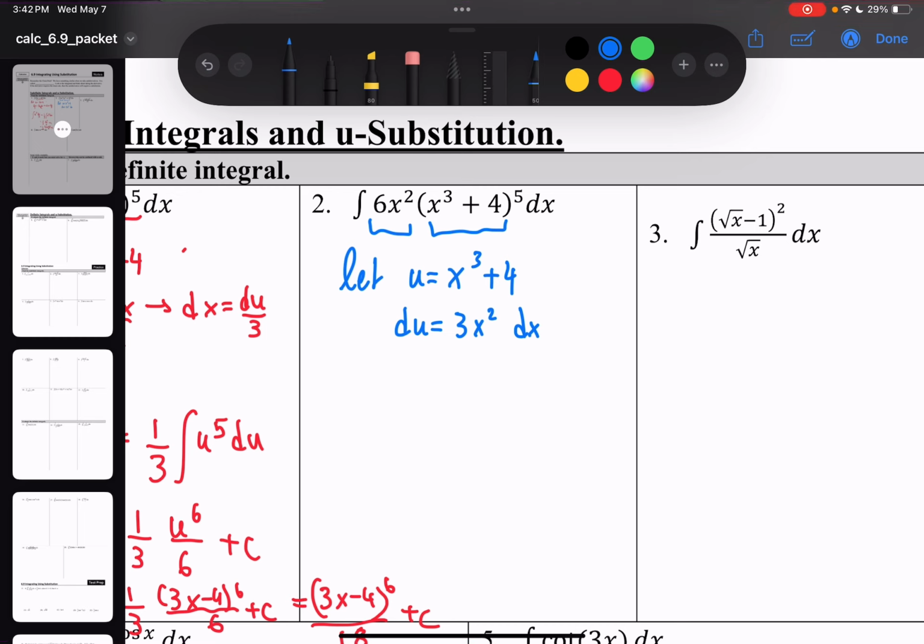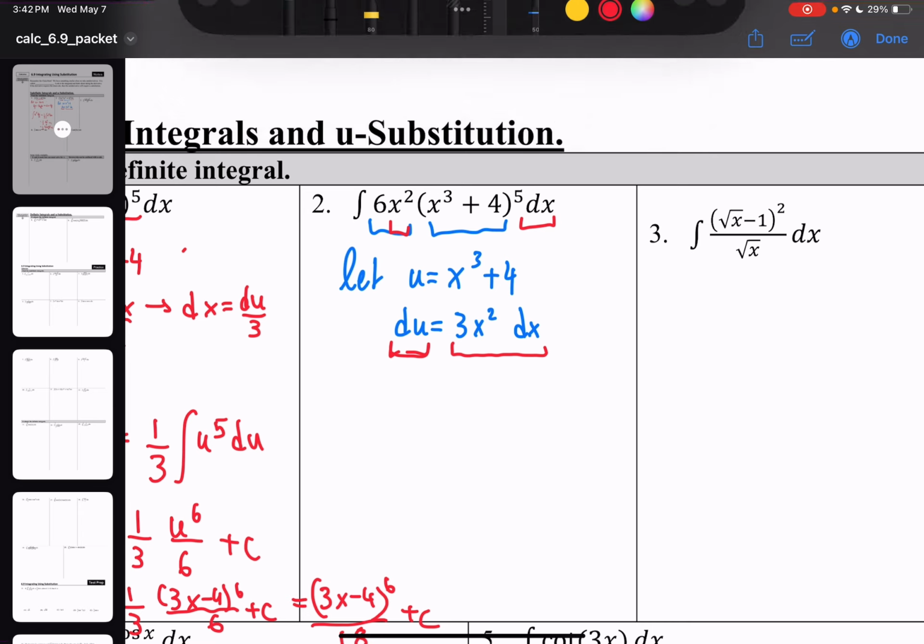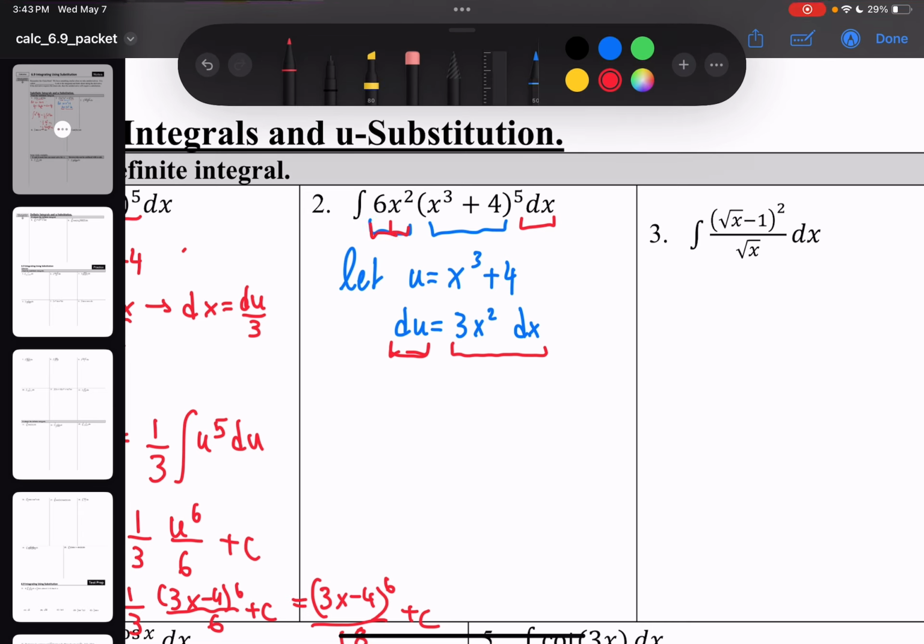We know that du can replace 3x squared dx. However, here I have 3 and here I have 6. So if you multiply both sides by 2, we get 2 du equals 6x squared dx. Now I can fully replace it.